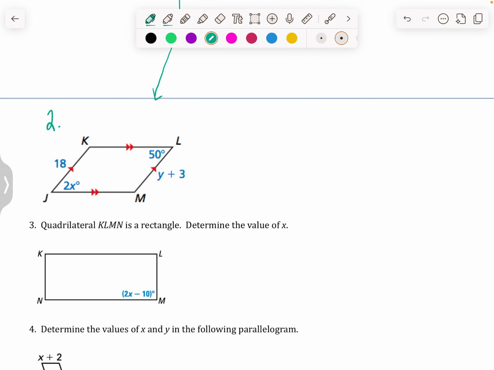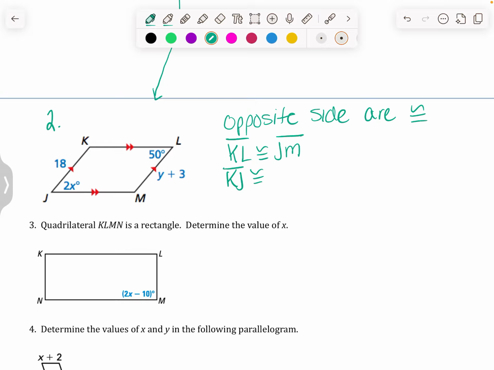So in a parallelogram, opposite sides are congruent. And if opposite sides are congruent, that means that side KL is going to be congruent to side JM, and side JK is going to be congruent to side LM.